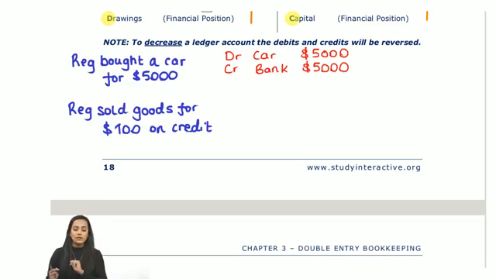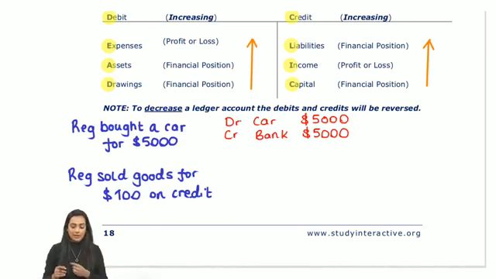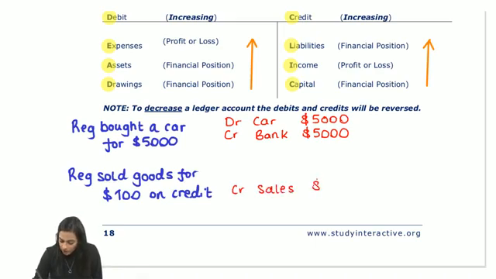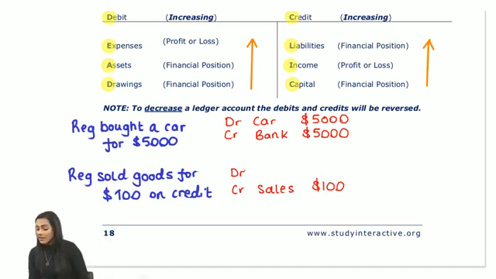So I sold goods. If you sell goods, this is a type of income. But if you're selling goods that you trade in, this is known as sales or revenue. And if your income goes up, according to Dead Click, you credit the income accounts. So credit sales by $100. But what do we debit? If the customer has yet to pay you, it means that you have money owed by your customer.